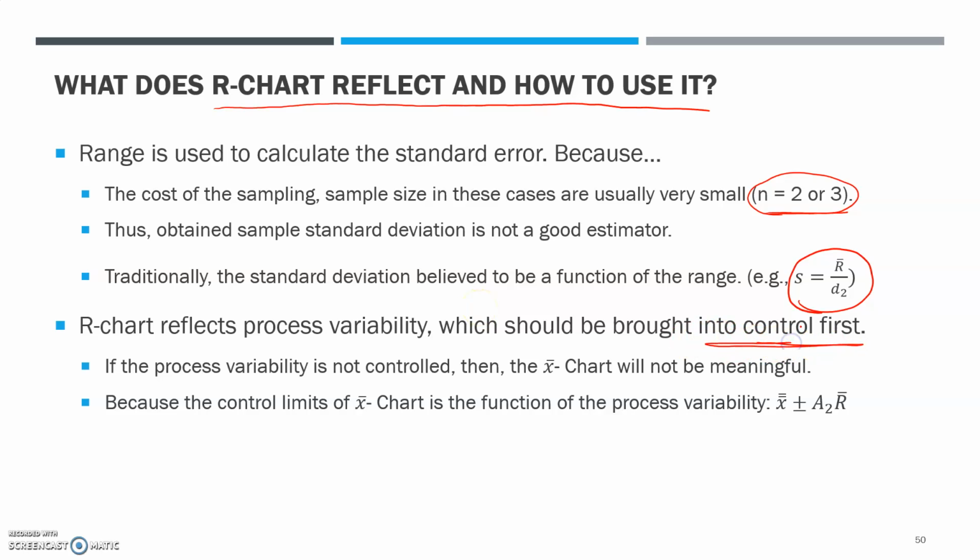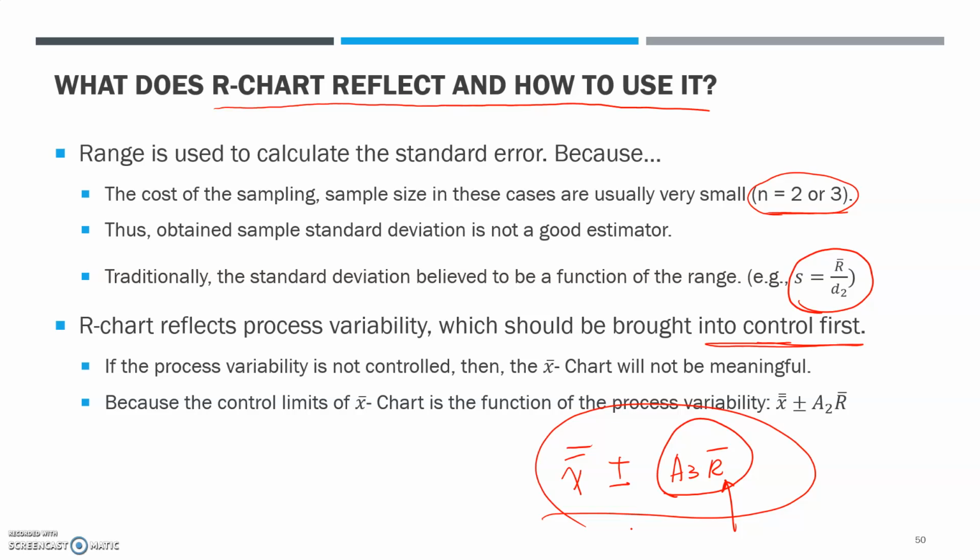If the variability is not within control, your X bar chart is kind of useless, because the X bar chart is X bar plus or minus A2 R bar. If this R bar is not within control, there is no meaning in discussing this range.